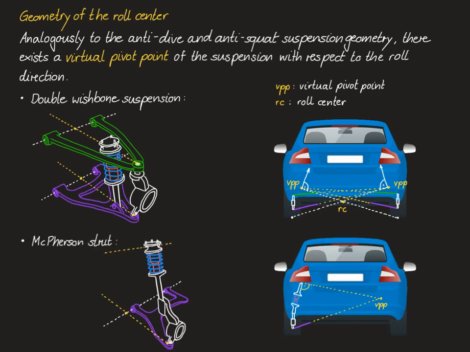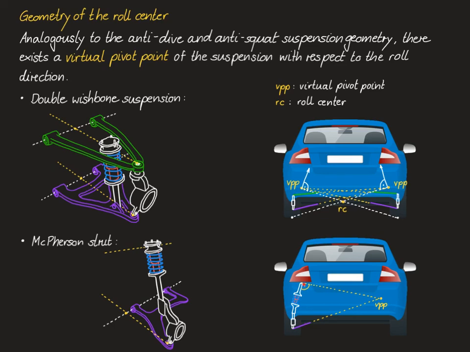A similar construction can be made for the McPherson strut suspension. In fact, the lower control arm of the suspension is analogous to the lower wishbone of the double wishbone suspension. So one line for the location of the virtual pivot point is given by the geometric orientation of the lower control arm.